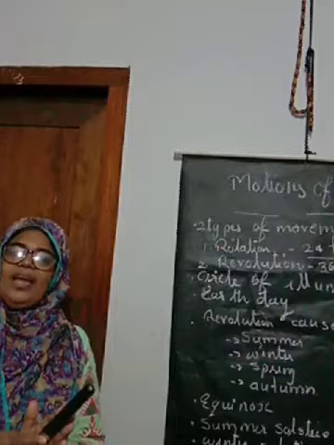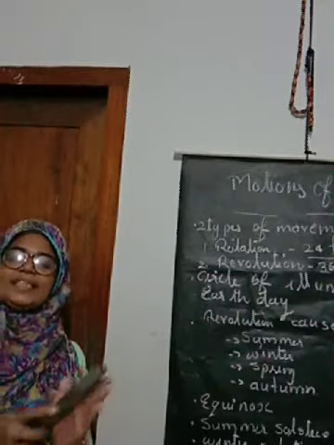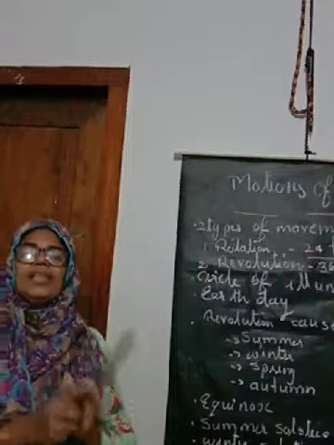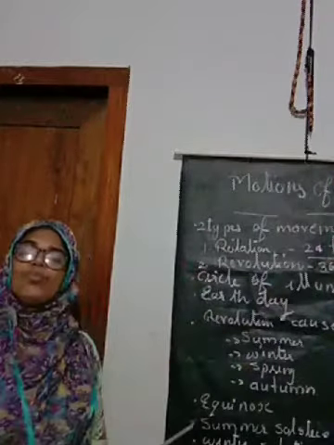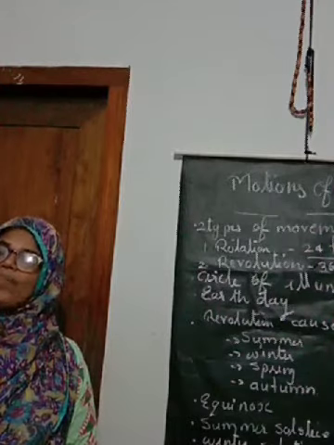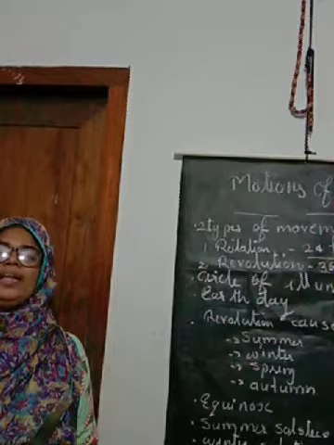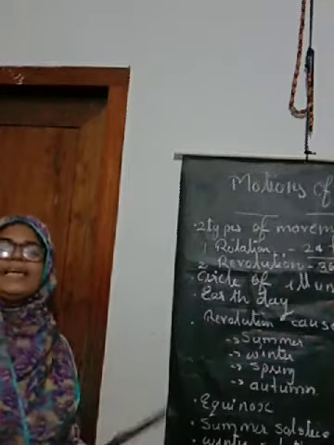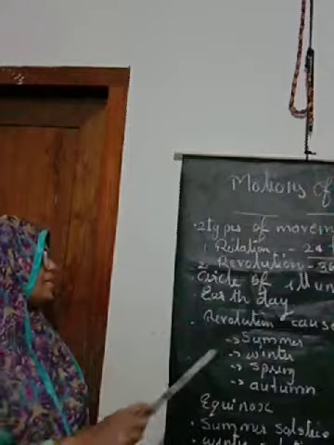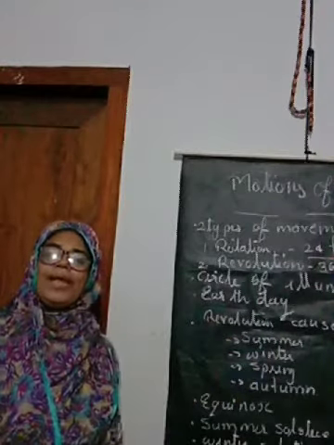The line, the half circle that separates the day from the night, is called what? Circle of illumination. What is the circle of illumination? The circle that separates the day from night on the earth. Why is it happening?